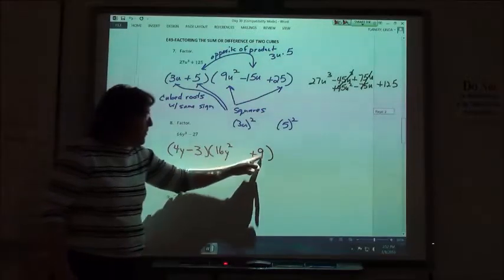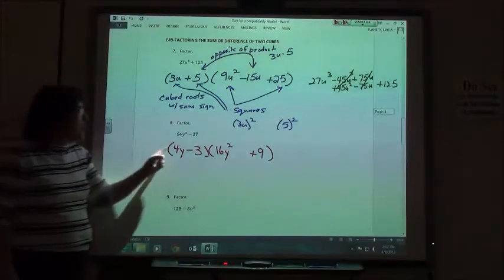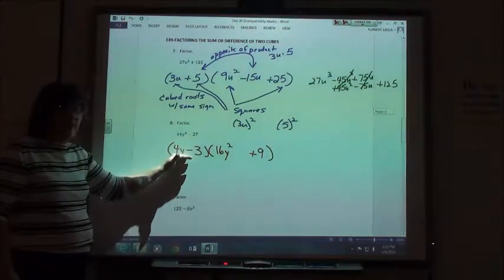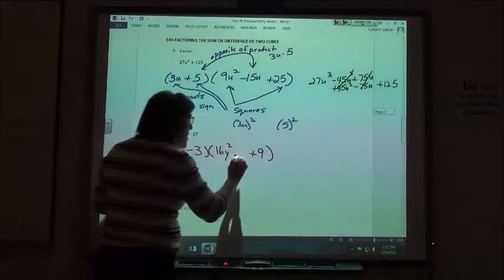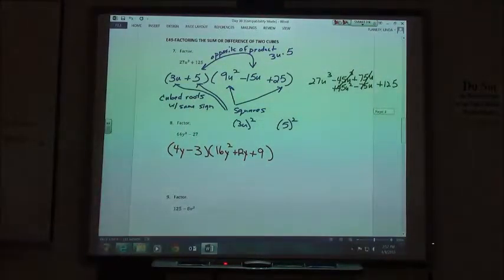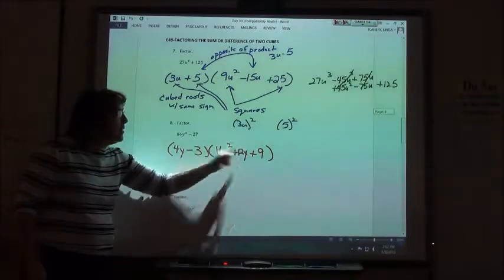Negative 3 times a positive 9 is the negative 27. The middle term, the opposite of this product. This product would be negative 12y. So in here, we're going to have a positive 12y. I'll smush it in because I didn't give myself enough writing room. So the opposite of this product is what your middle term is.